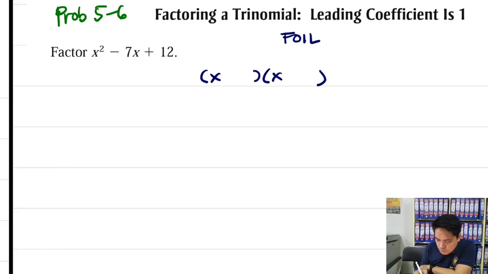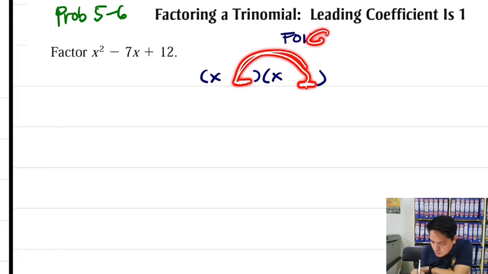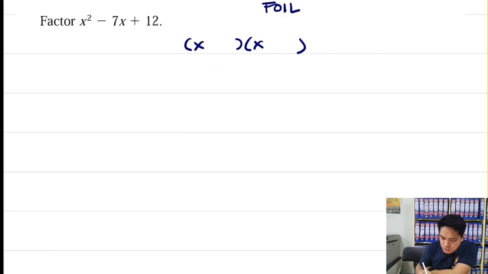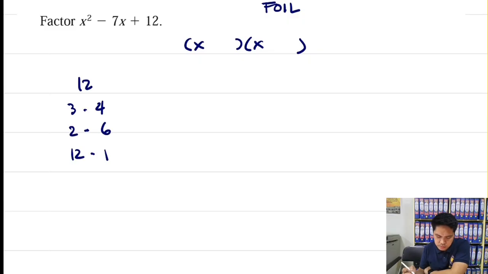If you multiply the last terms, the result is 12. But there are different factors of 12, or different combinations that will result in 12. Let's look at the factors of 12. So the factors of 12 are, this could be 3 times 4, pwedeng 2 times 6, pwedeng 12 times 1, diba?